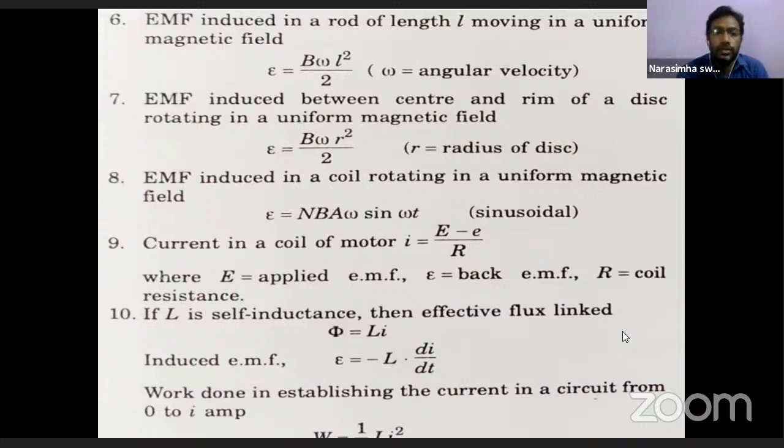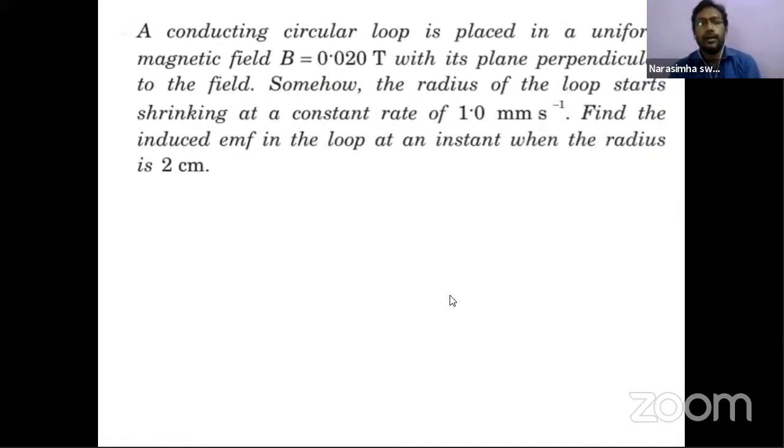Now we will proceed to solve some problems on this. A conducting circular loop is placed in a uniform magnetic field. I'm repeating: a conducting circular loop is placed in a uniform magnetic field B equal to 0.020 Tesla with its plane perpendicular to the field.